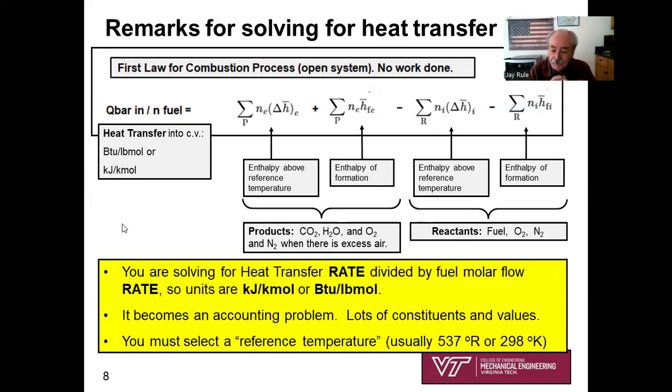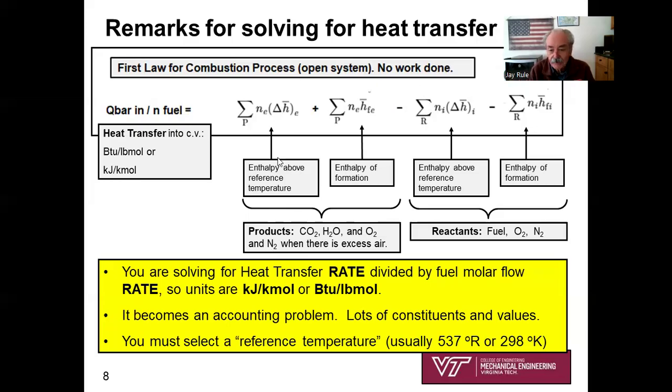So you're solving for heat transfer rate divided by fuel molar flow rate. And so all of these terms, the units are going to be in kilojoules per kilomole or BTUs per pound mole. This definitely becomes an accounting problem. So it can blow your mind because you have so many terms to deal with. And so notice here the sum term. You've got to worry about numbers for CO2, H2O, O2, where there's excess air, and nitrogen, because you're burning it with air.